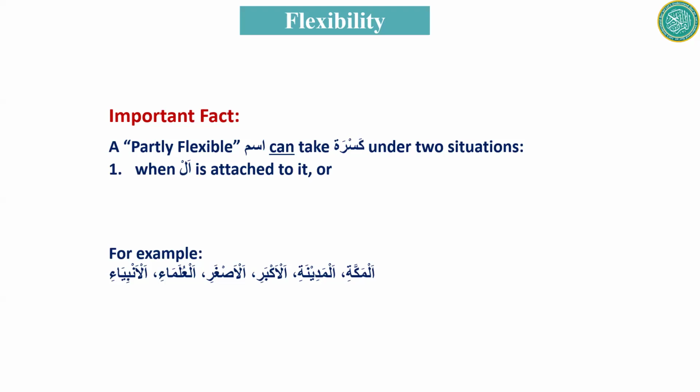It is still partly flexible, but because of al, now it can take kasra if needed. If you add al to akbaru, the third word here, it can be al-akbaru, al-akbara, al-akbari. Now it will take kasra because of the addition of al before it. So that's one situation.